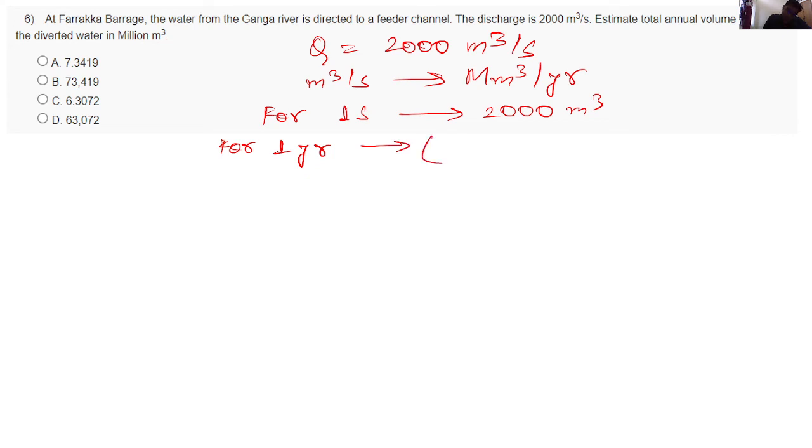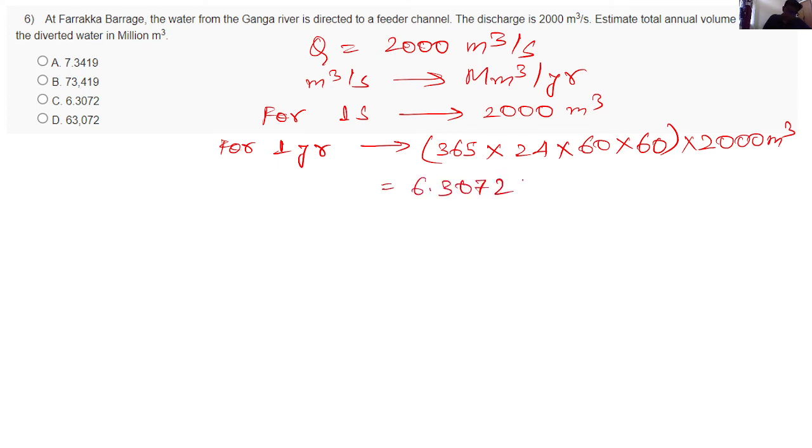the number of seconds in that year, that is 365 days, per day there are 24 hours, per hour there are 60 minutes, and per minute there are 60 seconds, times the discharge. This comes out to be 6.3072 into 10 power 10 meter cube per year, and we divide by 10 power 6, because the problem wants the answer reported in million meter cube.